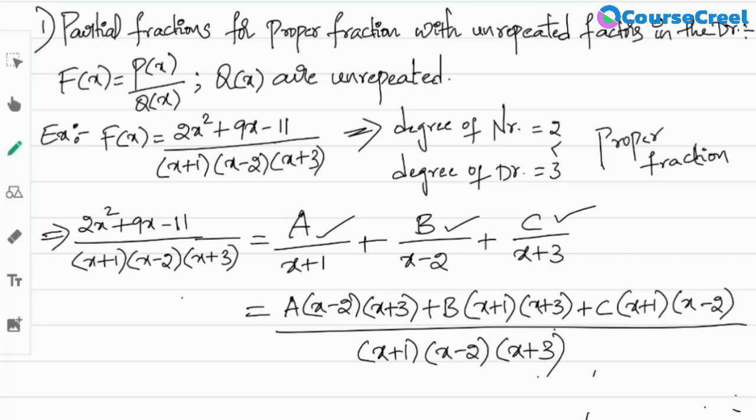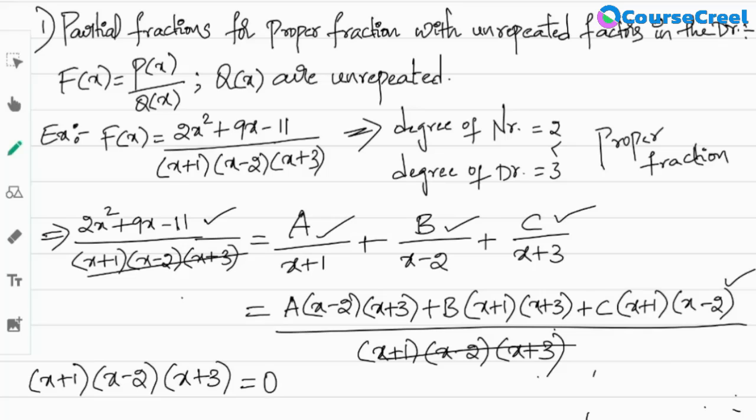If you observe, on both sides the denominators are the same, so cancel out the denominator on both sides. Now we are left with numerators on both sides. And now we need to substitute the roots of the denominator, that is, the values when the denominator is equated to 0. By equating the denominator to 0, we get the roots as x equals minus 1, 2 and minus 3.